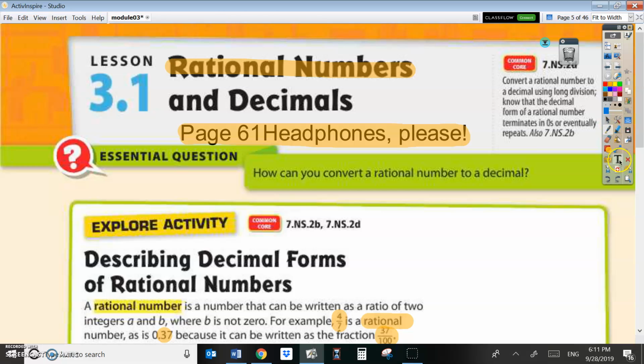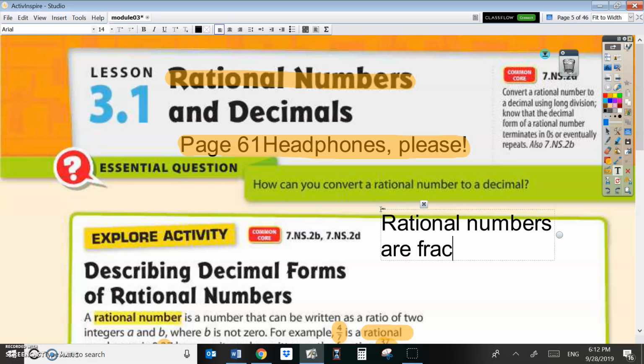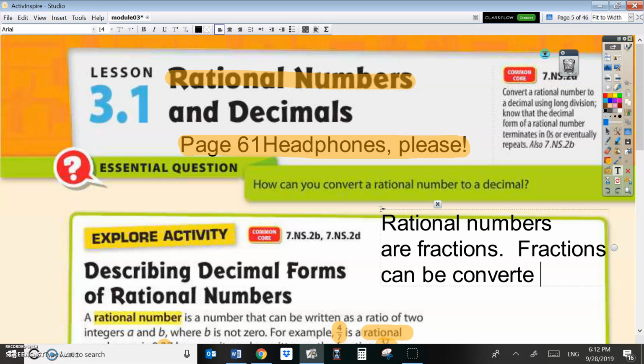So to keep it simple, rational numbers are fractions, and fractions can be converted to decimals.